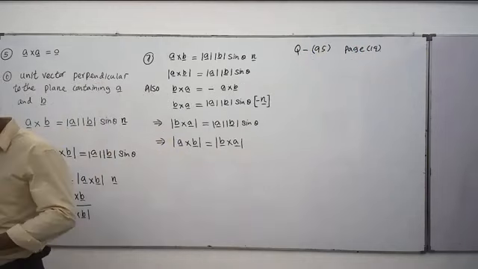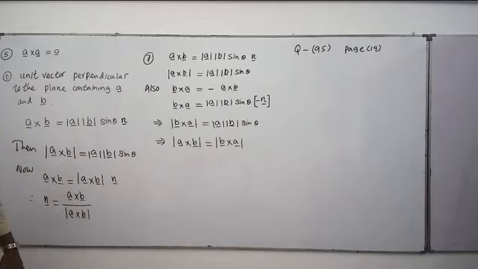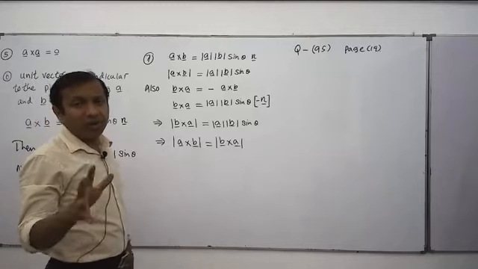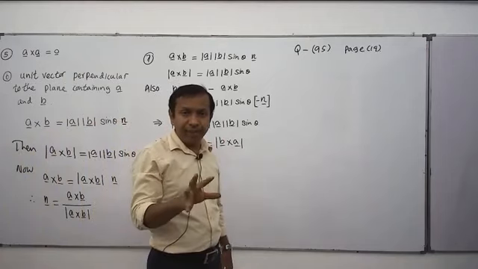Yeah. You are given a vector cross product. For any two vectors, simple A and simple B, define vector product, cross product, A cross B. You know that, people. A cross B is equal to what? Mod A times mod B times sine theta times n. What is this n?